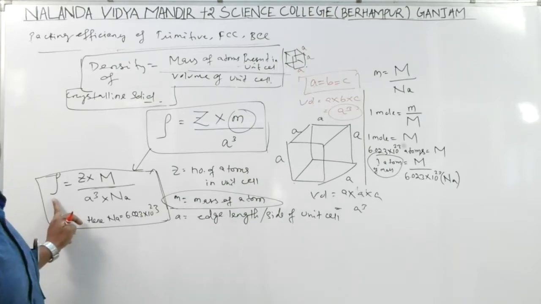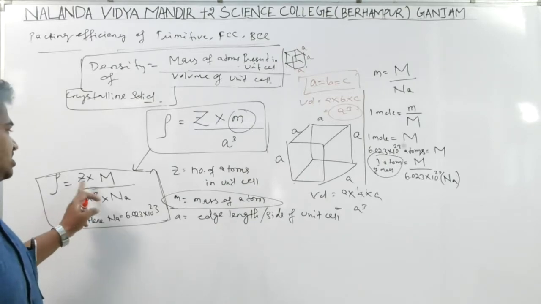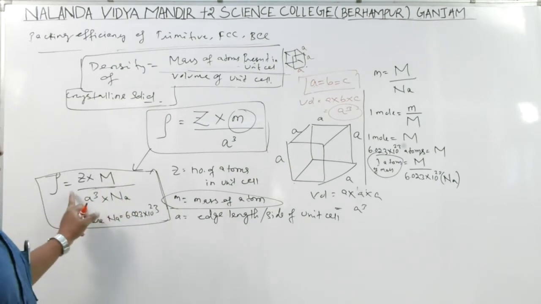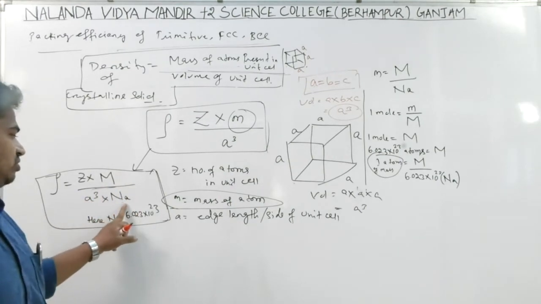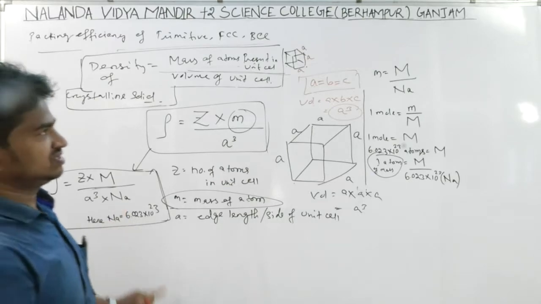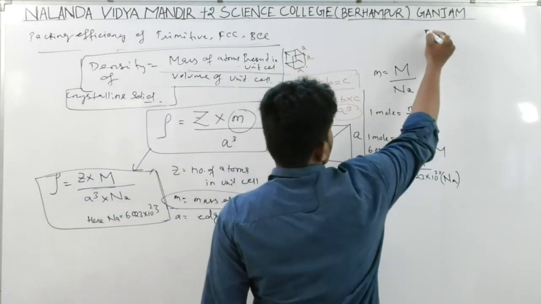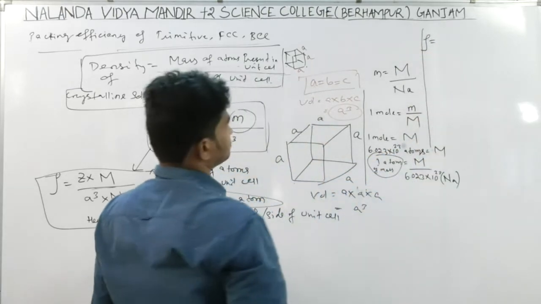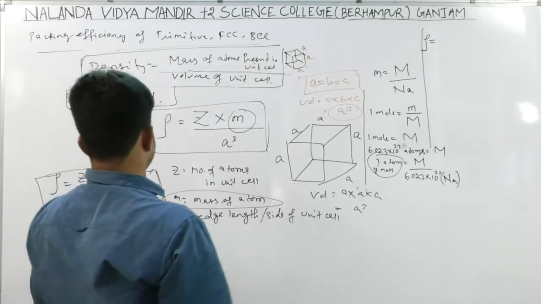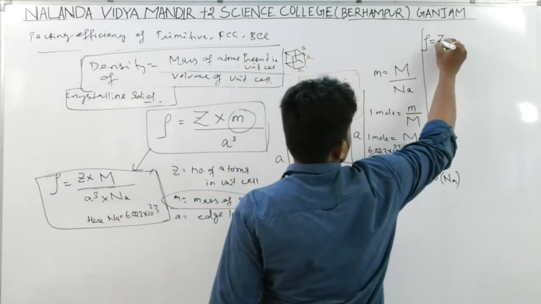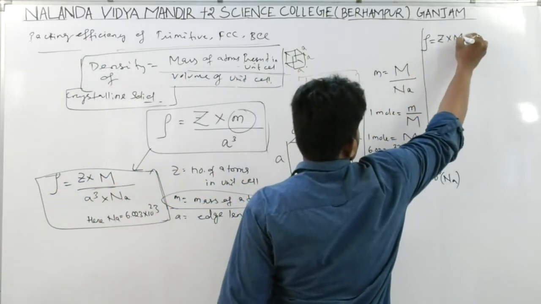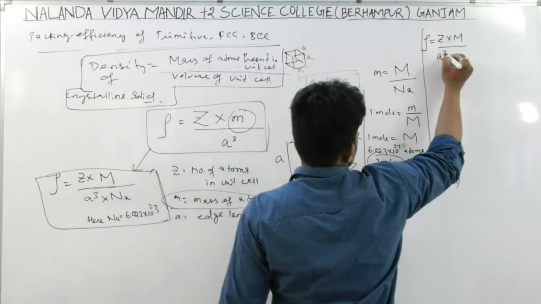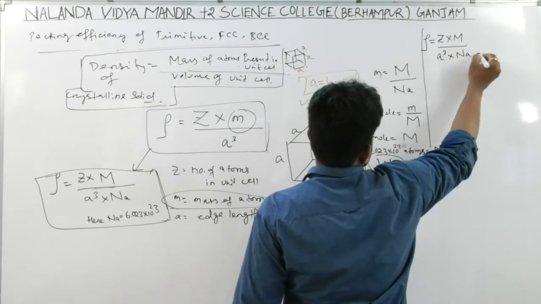This is the formula: density is equal to Z into M, where M is the molecular mass, divided by a cube into Avogadro's number. So I am going to write the formula of density: rho equals Z into capital M divided by a cube into Na.